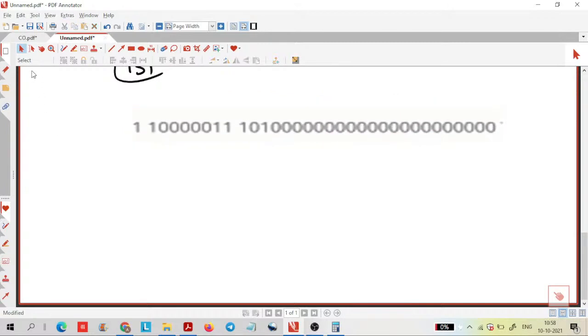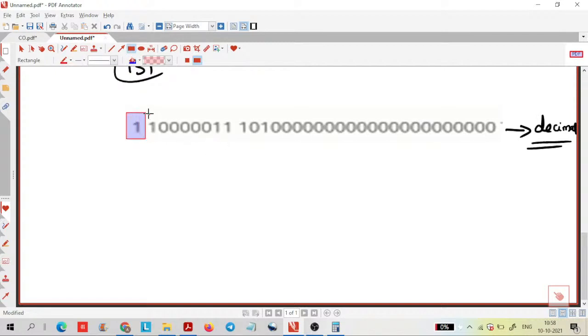Now you have to convert this floating point number into the decimal value. You have to convert this floating point to decimal value.